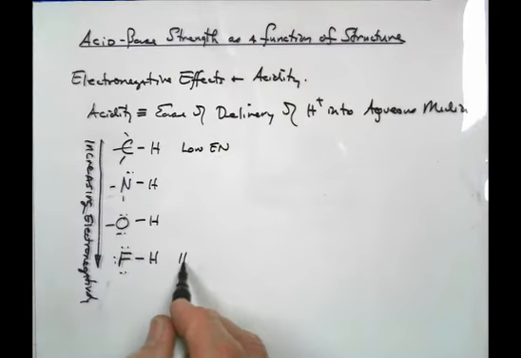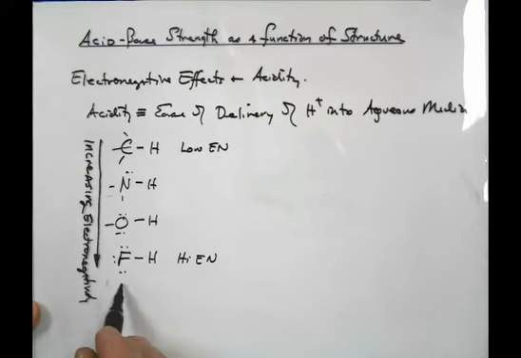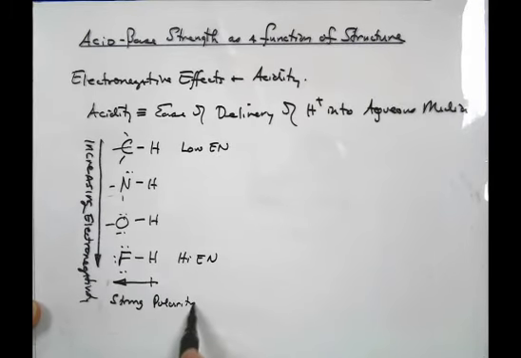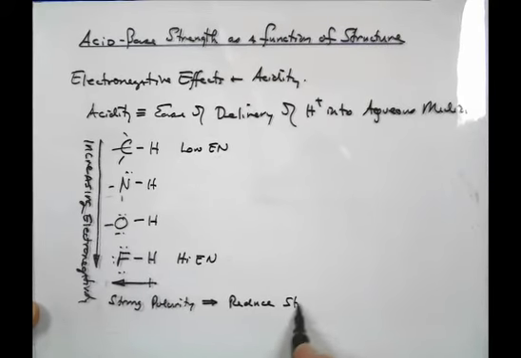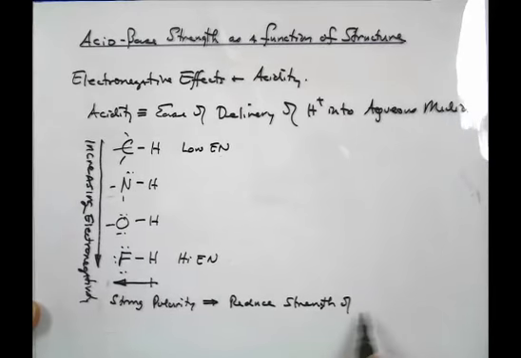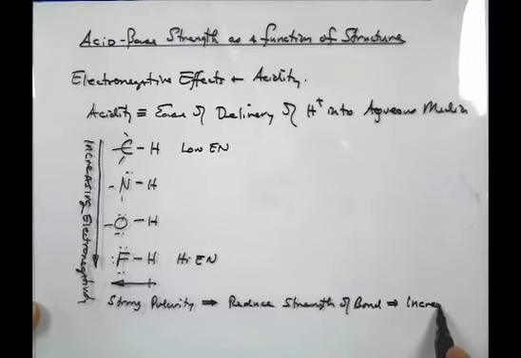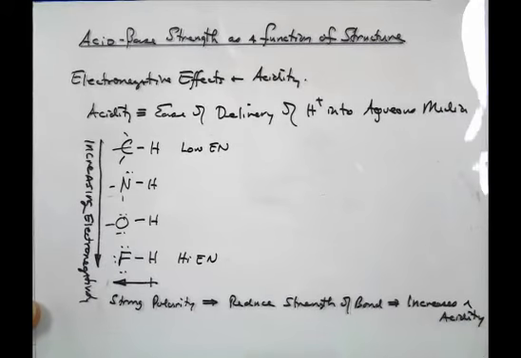Now, on this end would be a high electronegativity. Well, the issue of the electronegativity is that it reduces the strength of bond. So electronegativity, if the polarity is very strong, reduces strength of bond, and that increases acidity. Okay, so that's one consideration.